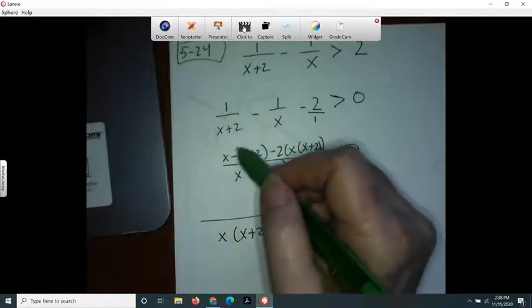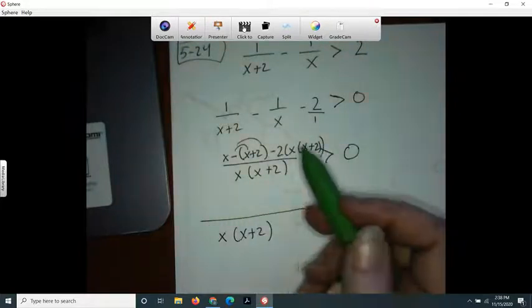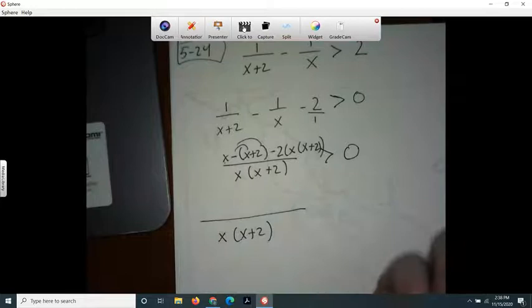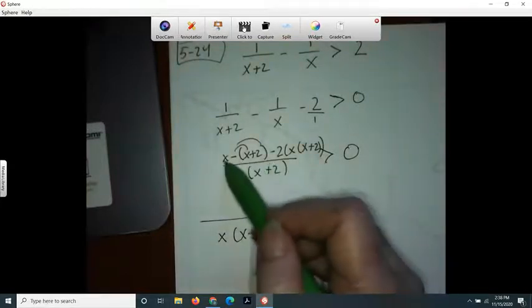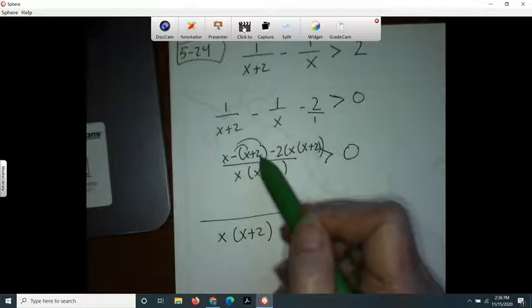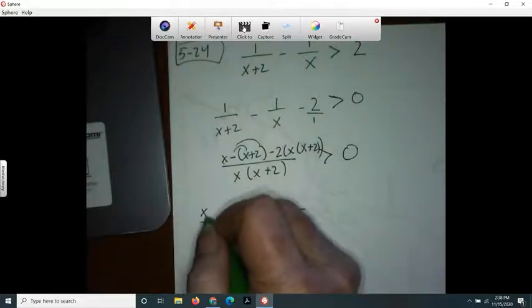Okay, I'm going to distribute, and I think these x's are going to go away. x minus x is going to be nothing. And then x times, well, I'll go ahead and distribute it out so I don't make a mistake.